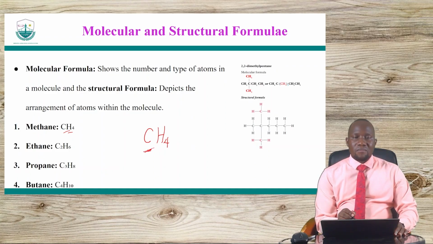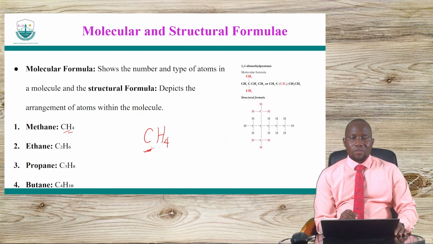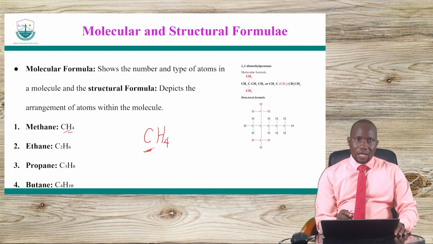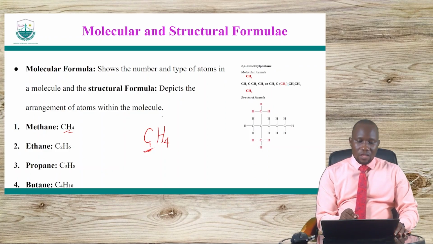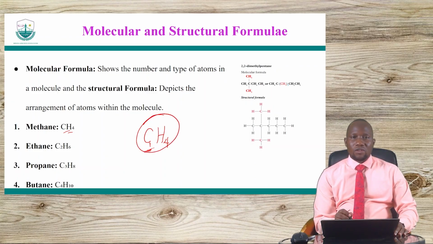It tells us the number of carbon atoms and hydrogen atoms that make up methane. So here we have 1 carbon atom and 4 hydrogen atoms.